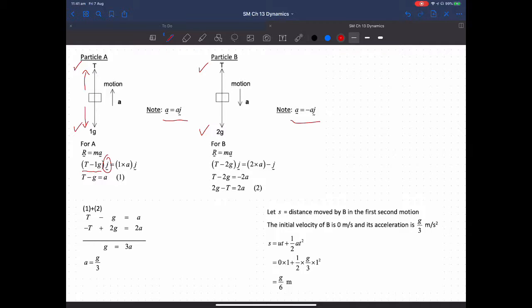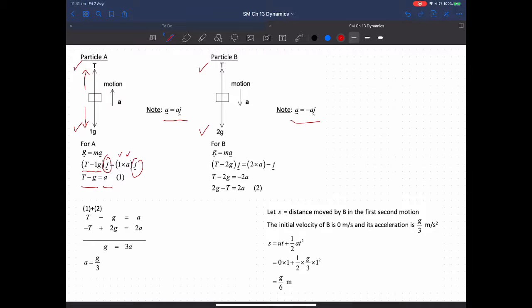On the other side, we have mass times acceleration. Now the mass was 1 kilogram, and the acceleration we've called a, and that is also going in the j direction. So that gives us T minus, instead of writing 1g, we write g, is equal to a.